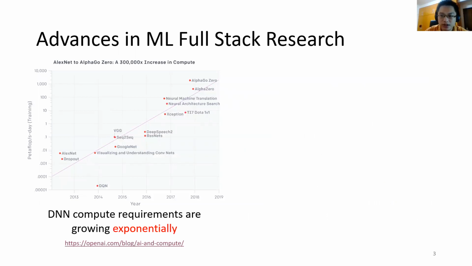Over the past few years, machine learning researchers have proposed many DNN models. The y-axis in this figure shows the daily amount of compute used to train these models. And this line suggests that the demand for DNN compute has been growing exponentially. This demand is not sustainable.